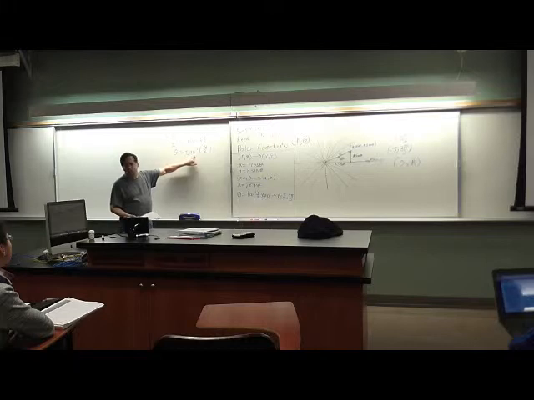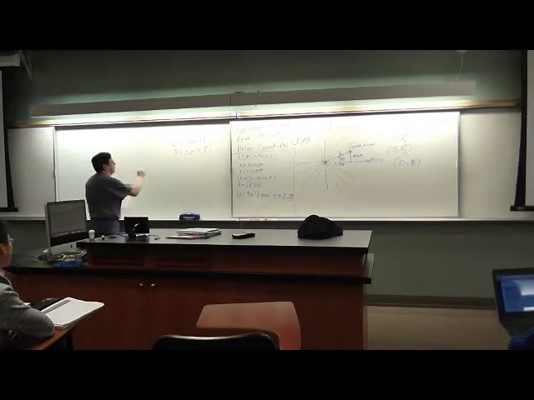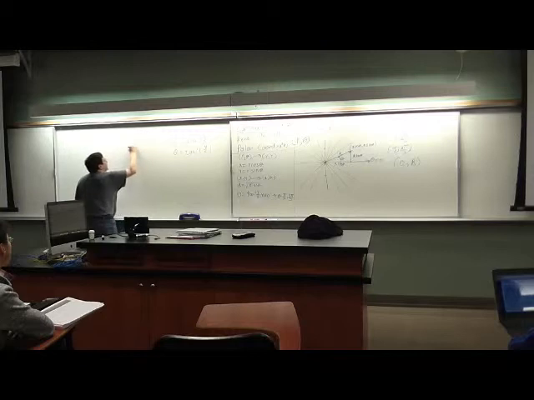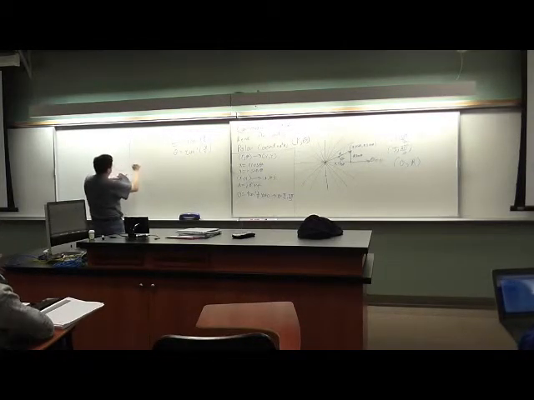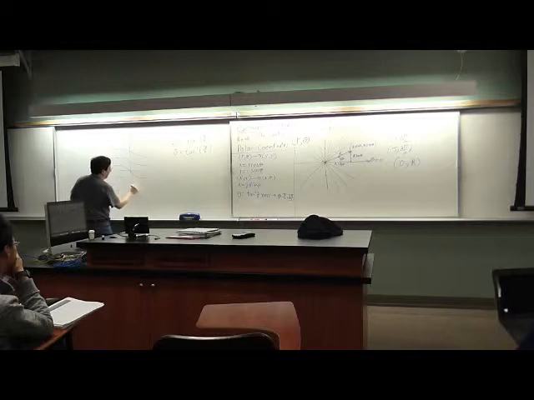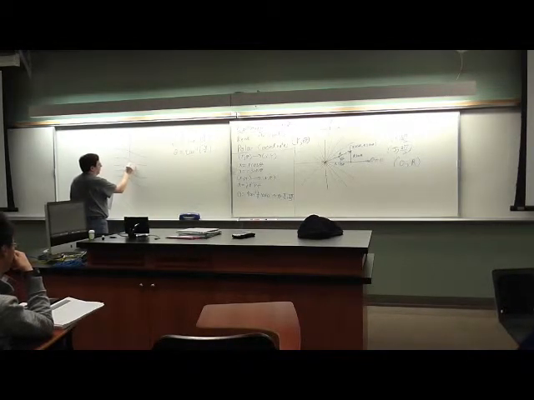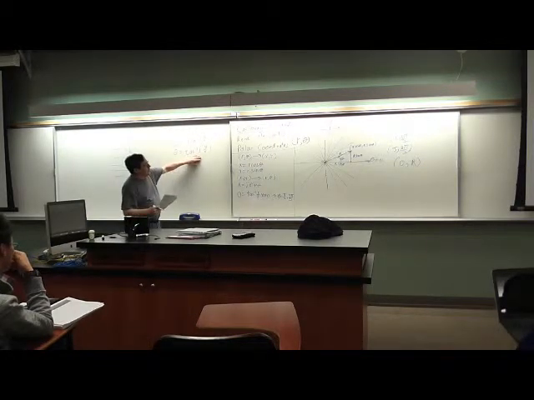So we have to restrict the domain of it, because tangent is a periodic function, right? So this thing is not a function, it doesn't pass the vertical line test, but this is a function, and by restricting the domain, we make this into a function.